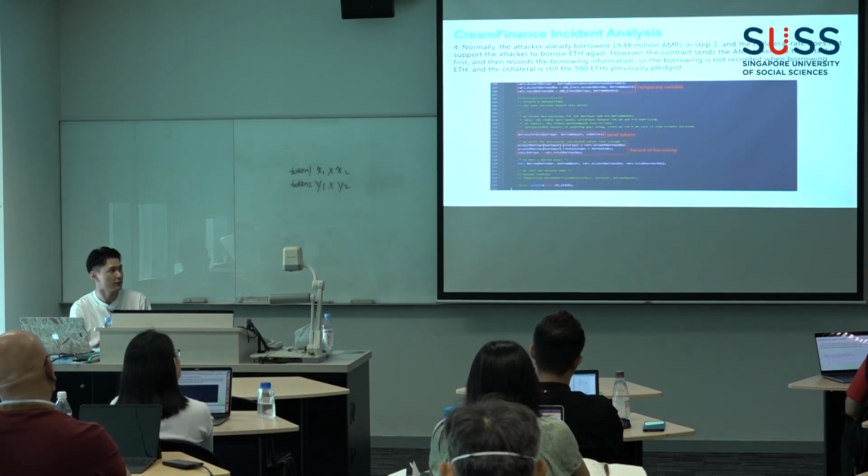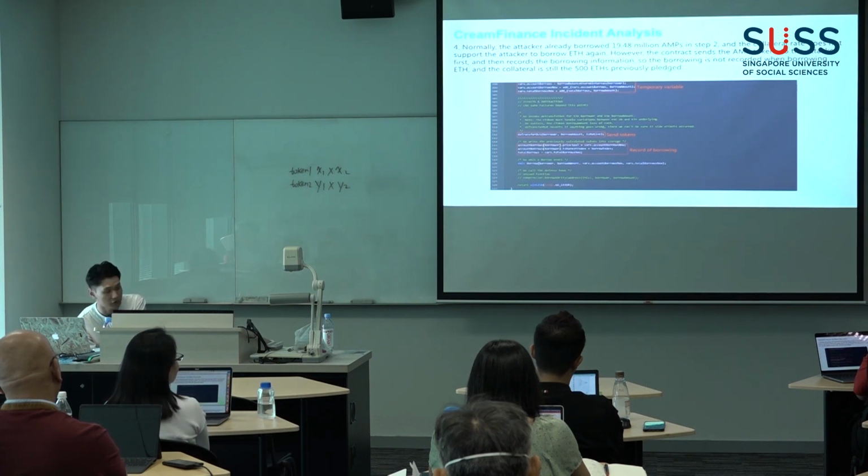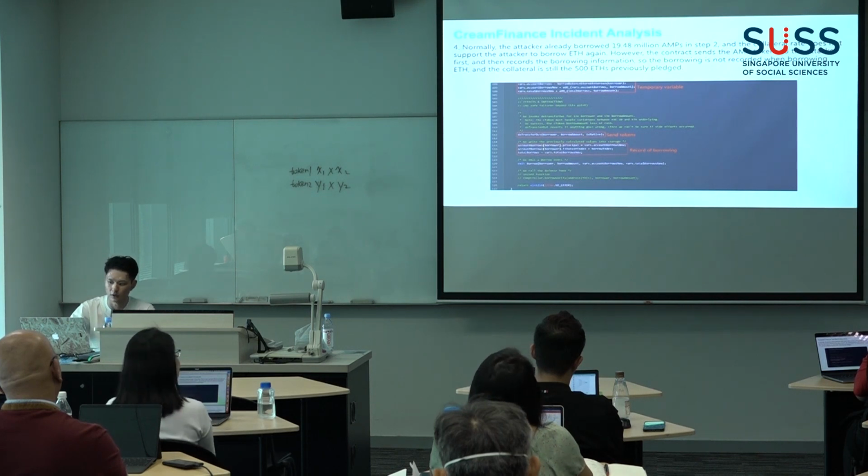As we can see, the checks-effects-interactions pattern was not met. The record of borrowing was changed after the token was sent. This gives the attacker the opportunity to perform a reentrancy attack.